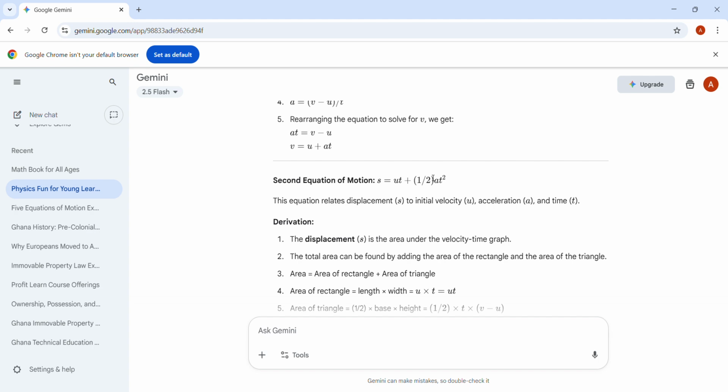So we have s is equal to v plus u over 2 times t, but we know v is equal to at plus u, times t. If we multiply through, we're going to get at squared over 2 plus ut over 2.